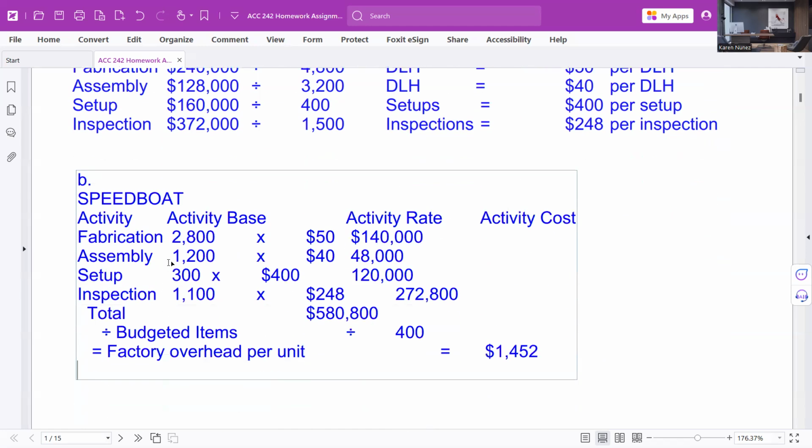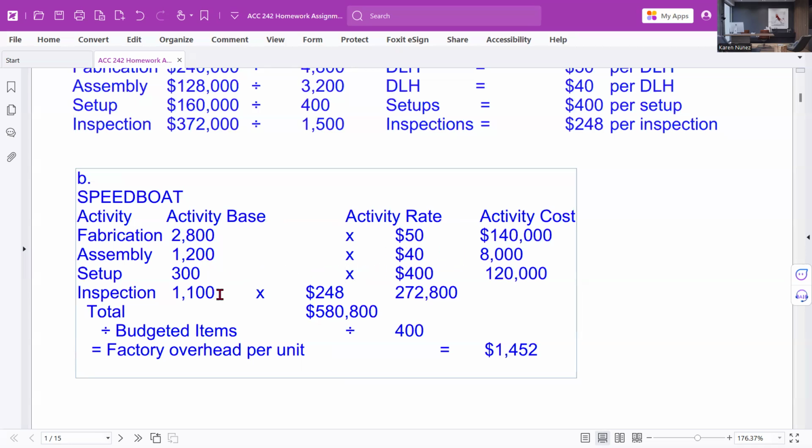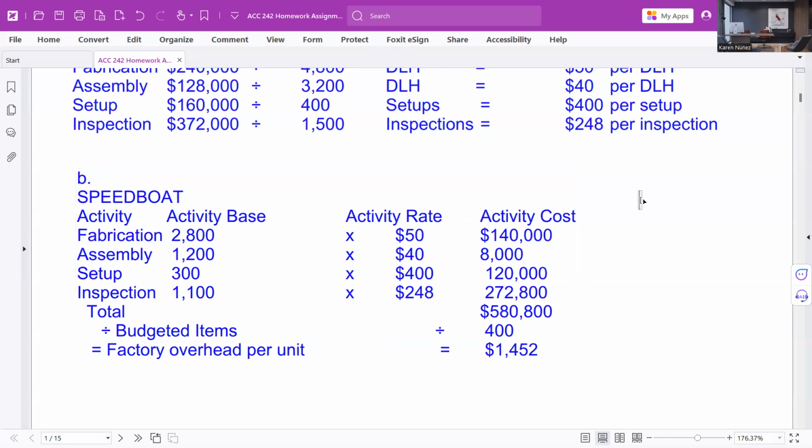there's the speedboat. So what we have here, and again, let me see if I can just clean that up just a little bit so that we can see what's happening here. Okay.